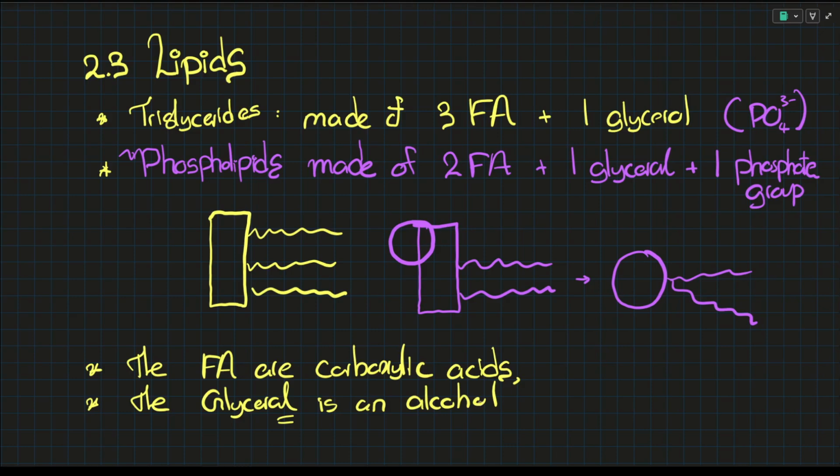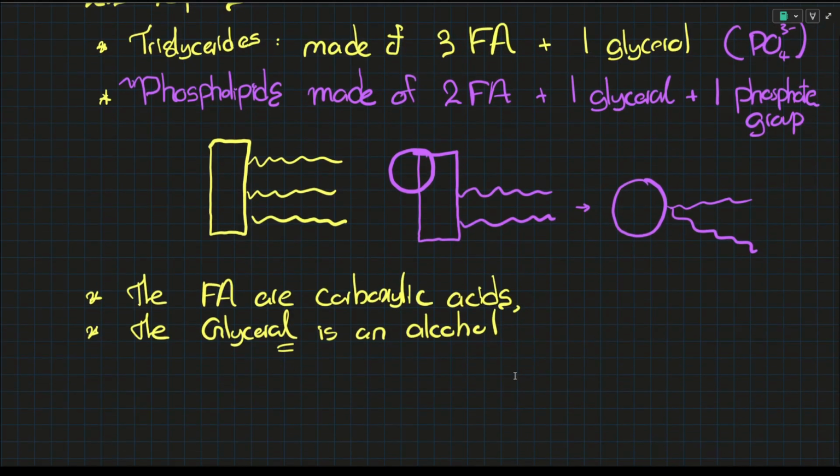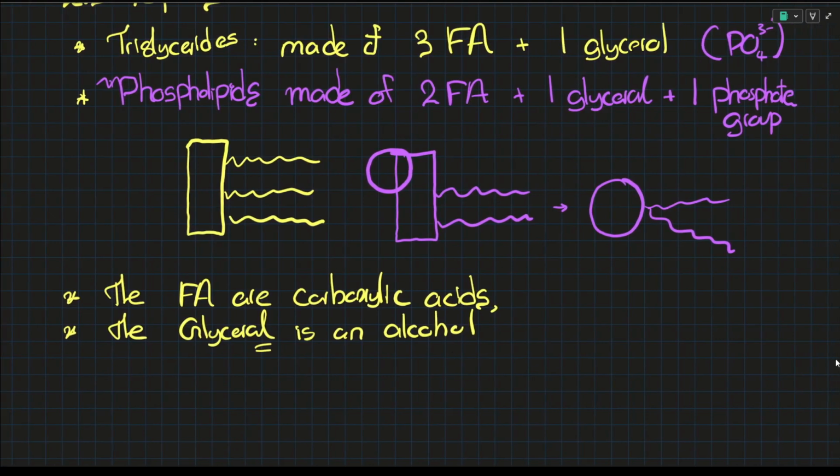Glycerol is an alcohol. Now think back to your organic chemistry days. What do you get when a carboxylic acid reacts with an alcohol? An ester.